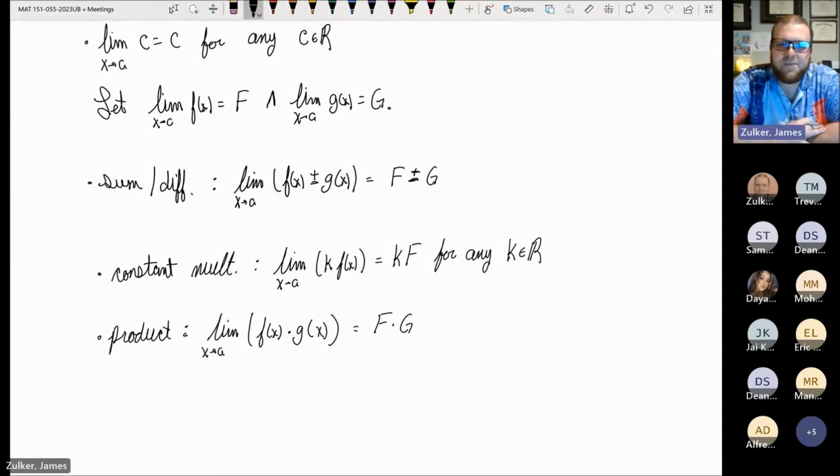The product law states if you take the limit of a product, then it's just the product of the limits. And again, you should easily see that this does extend to a product of more than two functions.